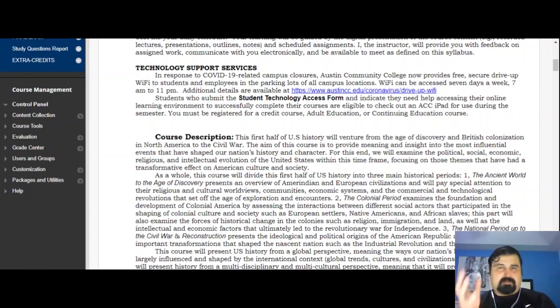If you have trouble navigating Blackboard, identifying the main components, uploading exams or assignments, or accessing Wi-Fi, there are, of course, places and departments that can help you with technology support, access to internet, and such. Okay, there's plenty of support provided by ACC.